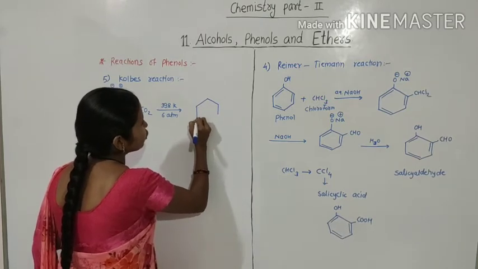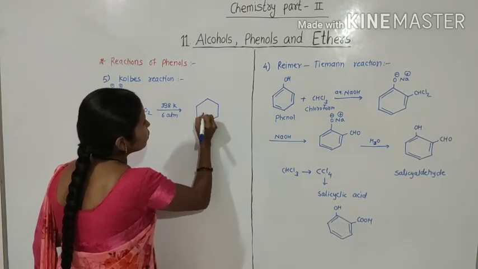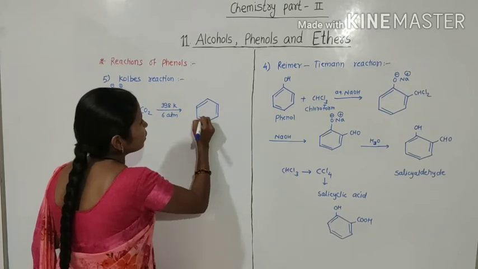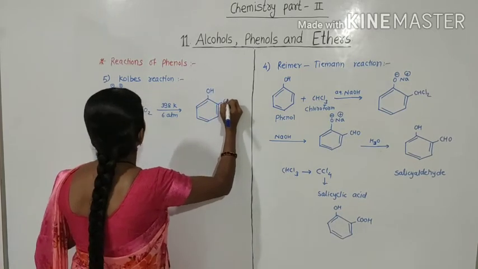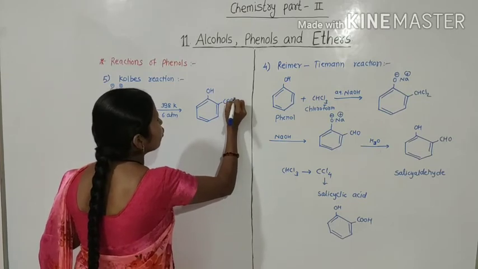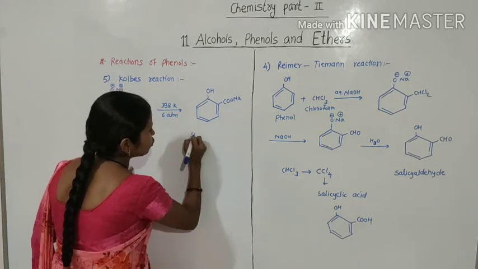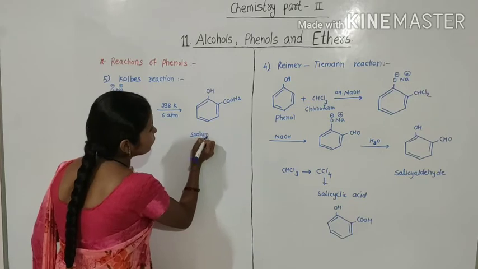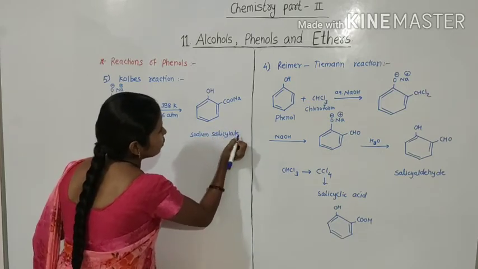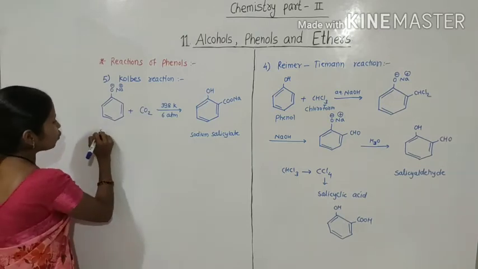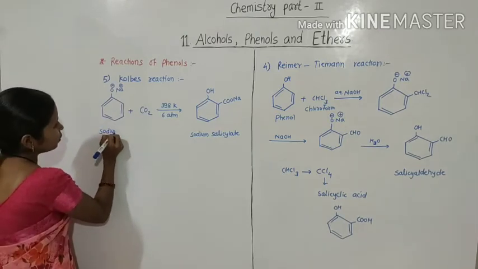There is formation of sodium salicylate, with OH and COO minus Na plus. And this is sodium phenoxide.